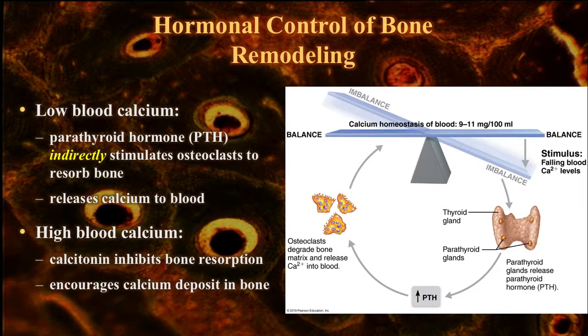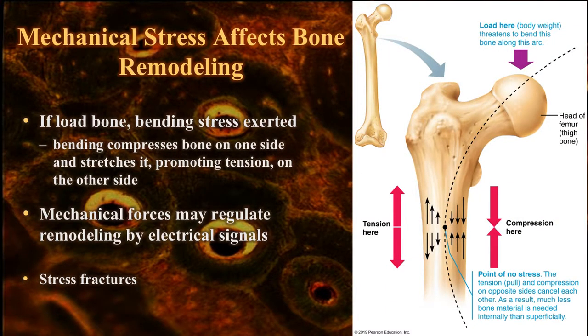We also, though, remodel due to stress on the bones. Okay, this is kind of what I was talking about the muscles and the points of attachment. So if you are a load-bearing bone, like the femur, bending stress is exerted. As you put weight on that bone, the bone's going to bend.